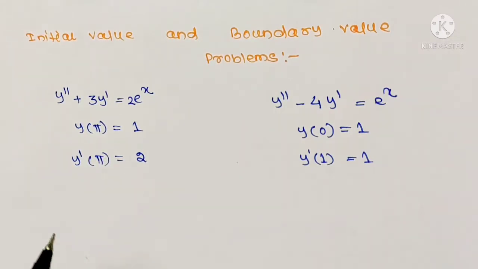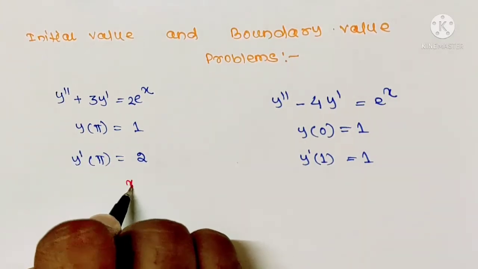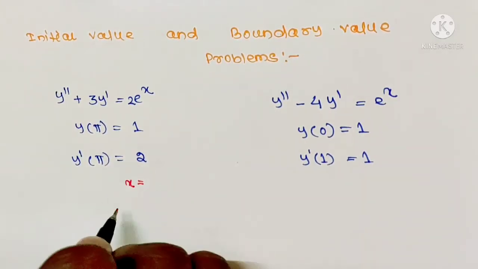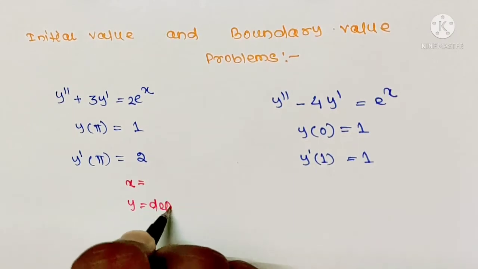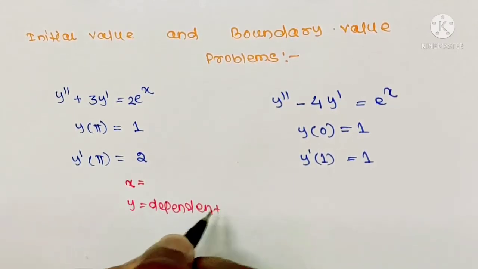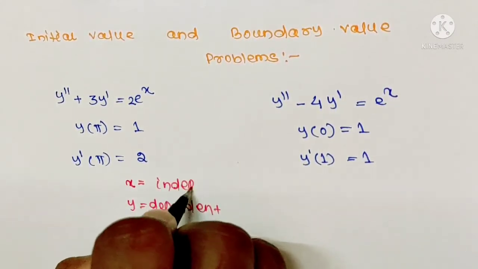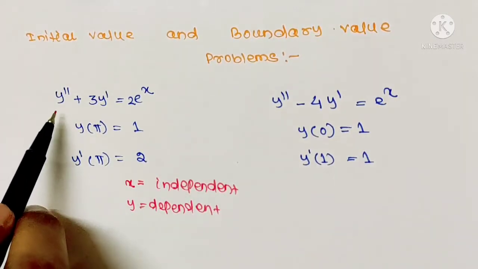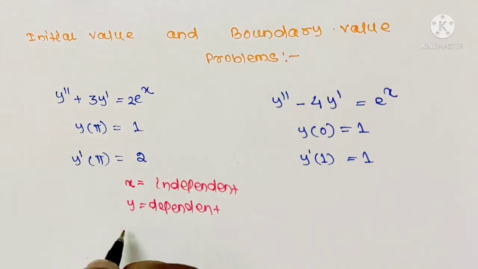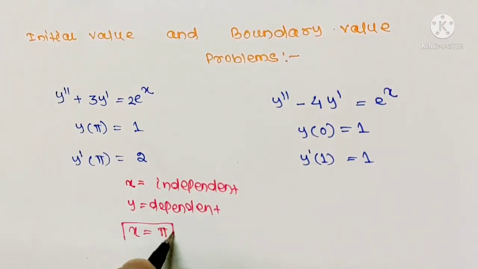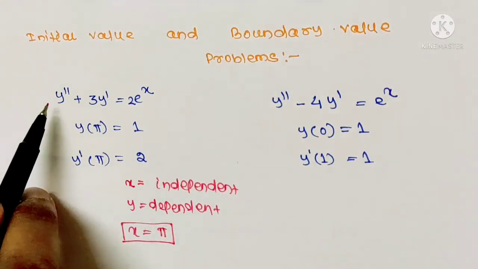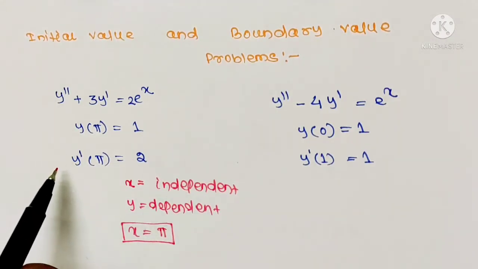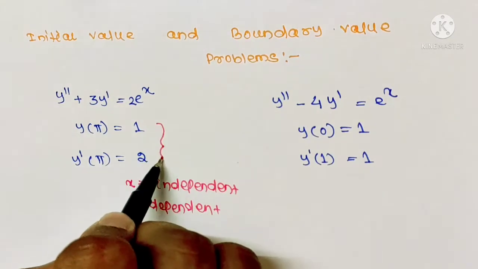Here x is our independent variable and y is the dependent variable, and the conditions given for this differential equation are at the same value of the independent variable, that is at x equals pi. This type of problem is known as an initial value problem, and these conditions are called initial conditions.